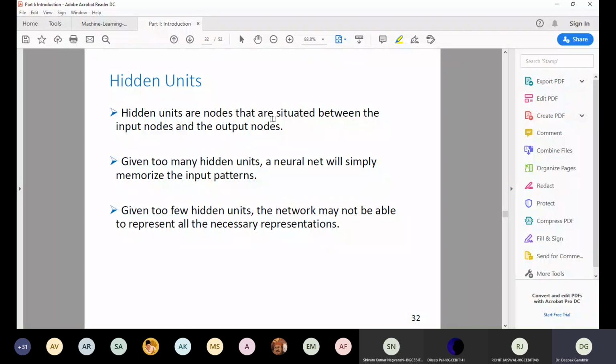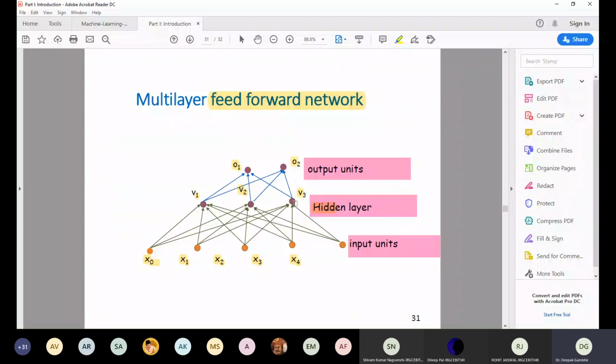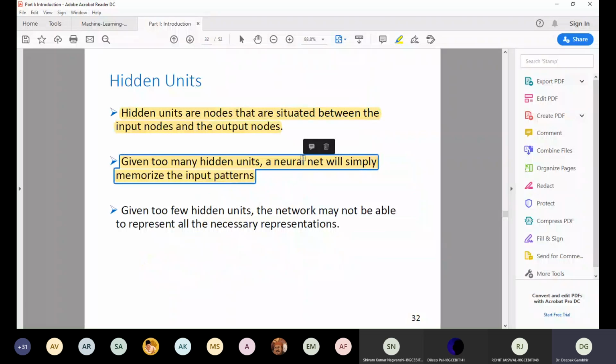Hidden units are nodes that are situated between the input and the output nodes. Given too many hidden units, your neural network will simply memorize the input patterns. If you provide a large number of hidden units, the neural network will simply memorize the input patterns, which results in overfitting of the data.